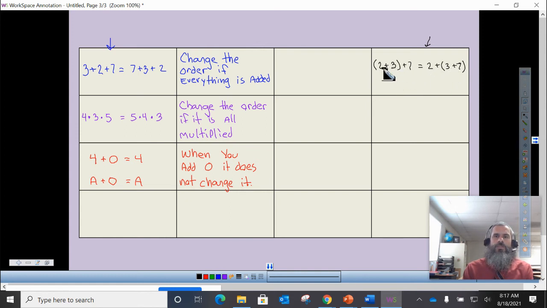Instead of adding the 2 and the 3, I'm going to add the 7 and the 3 together, because that makes it 10. So I didn't change the order, I changed the grouping. And the parentheses are what do the grouping of things together. But they all have to be added together.